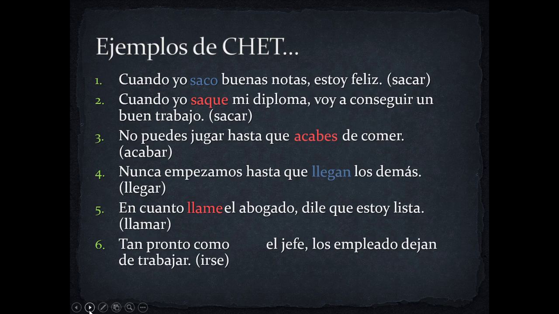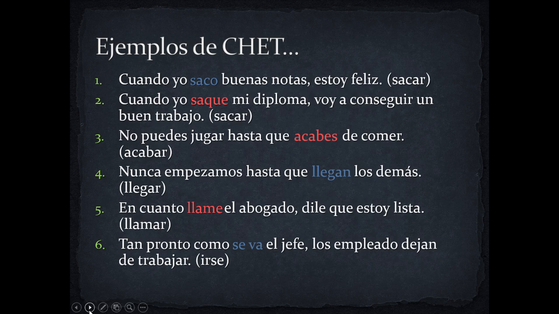So we take the se off, we put it in front. Muy bien. Tan pronto como se va el jefe, los empleados dejan de trabajar. Okay, so I said employees, but I meant boss. As soon as the boss leaves, the employees stop working. So se va el jefe. That's regular present tense referring to the boss.